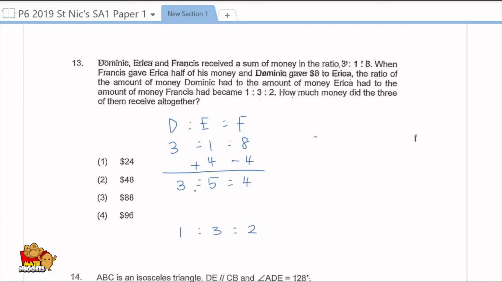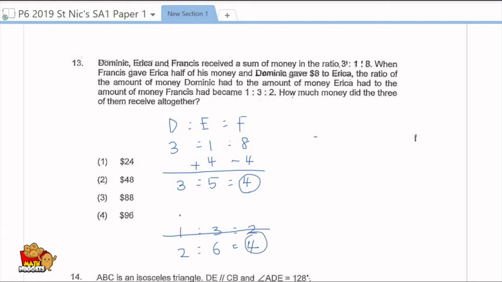This is Dominic giving $8 to Erica. So over here, Francis should not change. Francis should still be 4. So if I change this to 4, I multiply this. Erica times 2. Dominic also times 2, and I don't want this ratio anymore. Because Francis should remain the same.